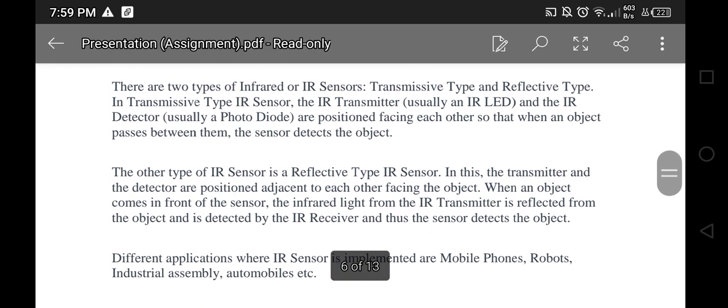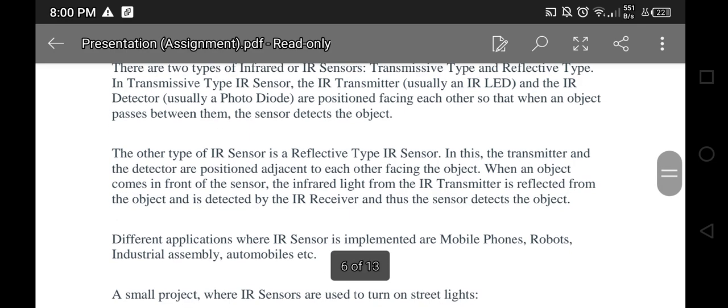There are two types of infrared or IR sensors: transmissive type and reflective type. In the transmissive type, the infrared transmitter, which is usually an infrared LED, and the infrared detector, usually a photodiode, are positioned facing each other so that when an object passes between them, the sensor quickly detects the object. There's another type of infrared sensor which we just looked at above when I showed you the figure.